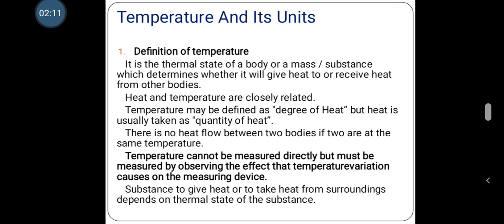There is no heat flow between two bodies if the two are at the same temperature. Temperature cannot be measured directly but must be measured by observing the effect that temperature variation causes in the measuring devices. A substance gives heat to or takes heat from the surroundings depending on the thermal state of the substance.